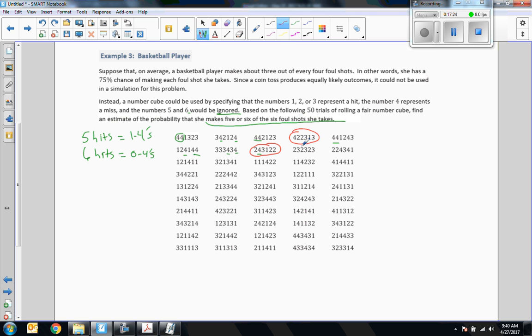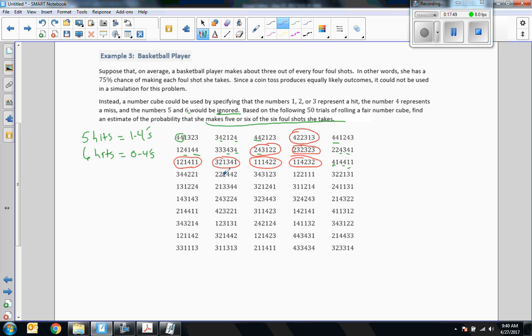There are no 4s here, so that was a perfect 6. Here there are 2 fours, so I'm not going to use that. Okay, 1 four, 1 four, 1 four, 1 four. This has 3 fours, so I won't use that one. So I will use this one, and this one, and this one, and this one.